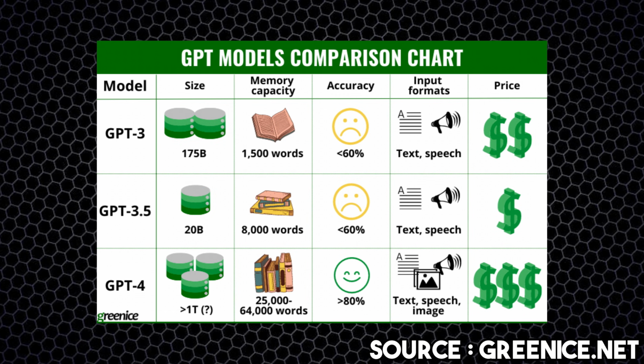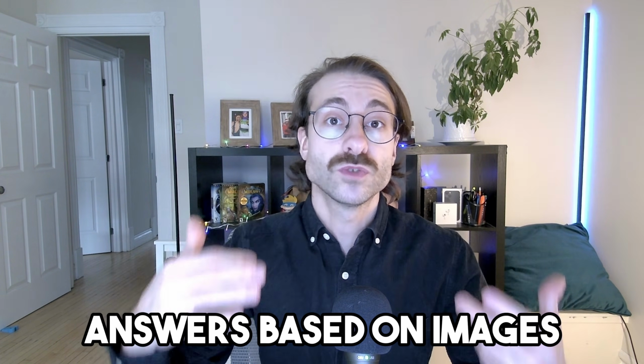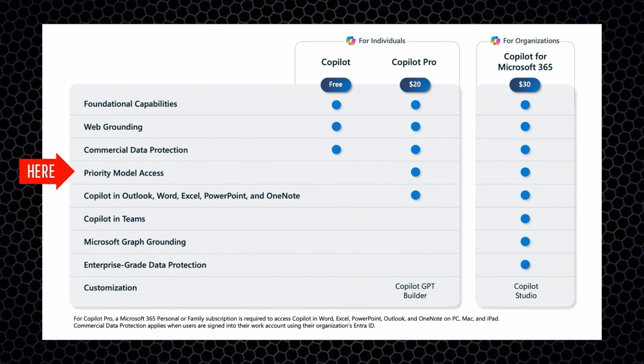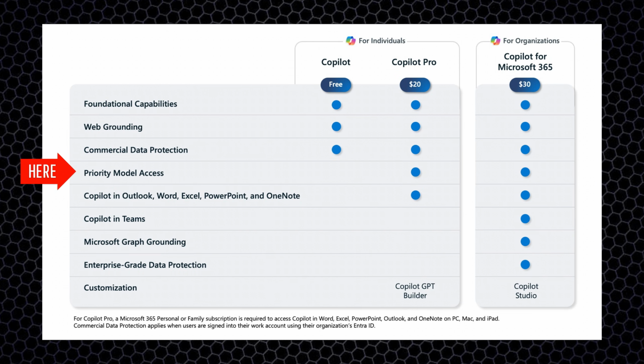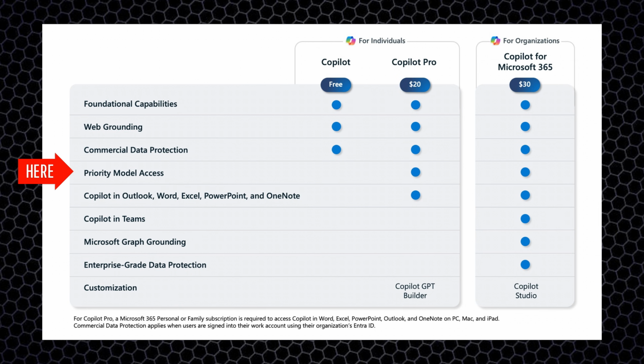For example, GPT-4 can analyze images and can give you answers based on images, which GPT 3.5 can't do. Again, I won't get too technical, but it's just a better version. Of course, you pay for it, so it should be better. So this 4th bullet point on this infographic is what Microsoft means. During peak time, you'll have access to the latest version of the technology behind Microsoft Copilot.